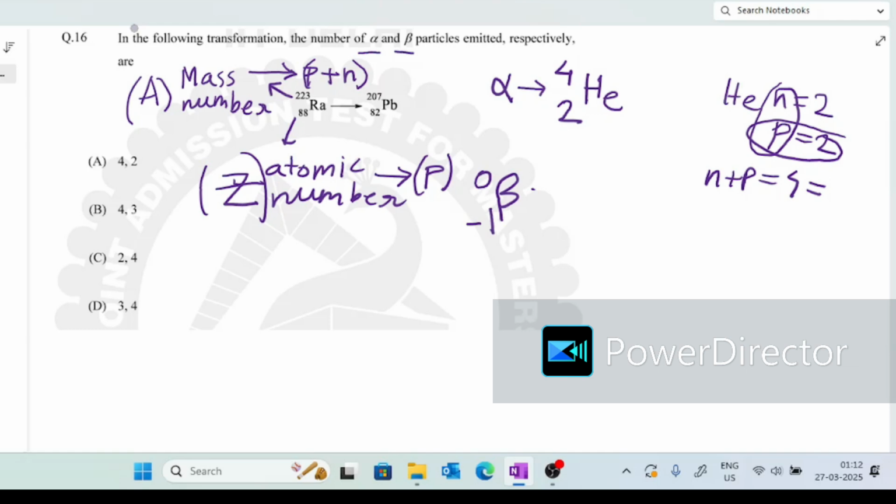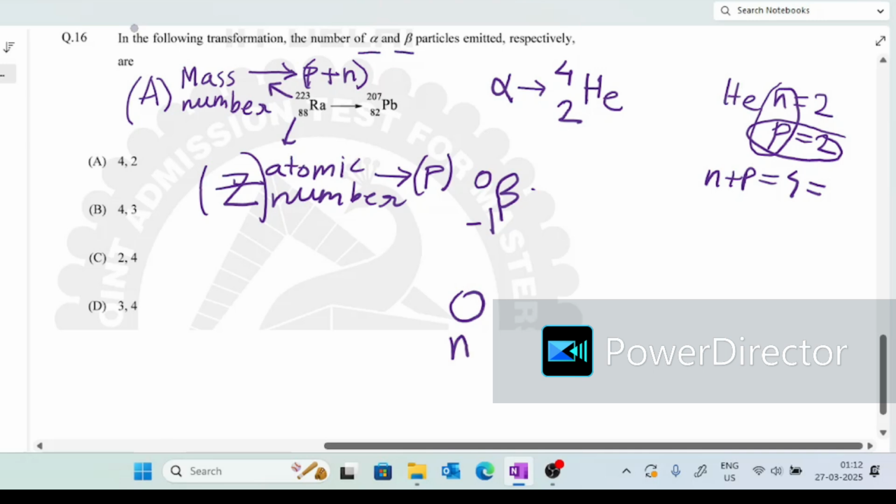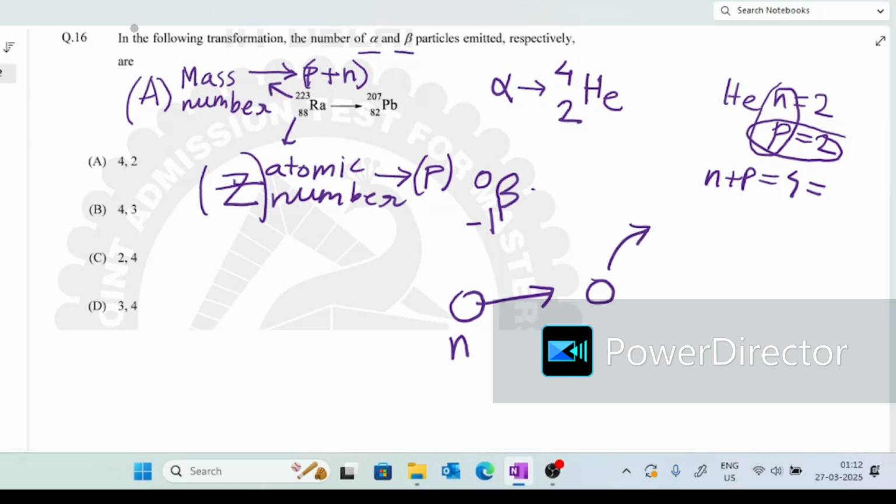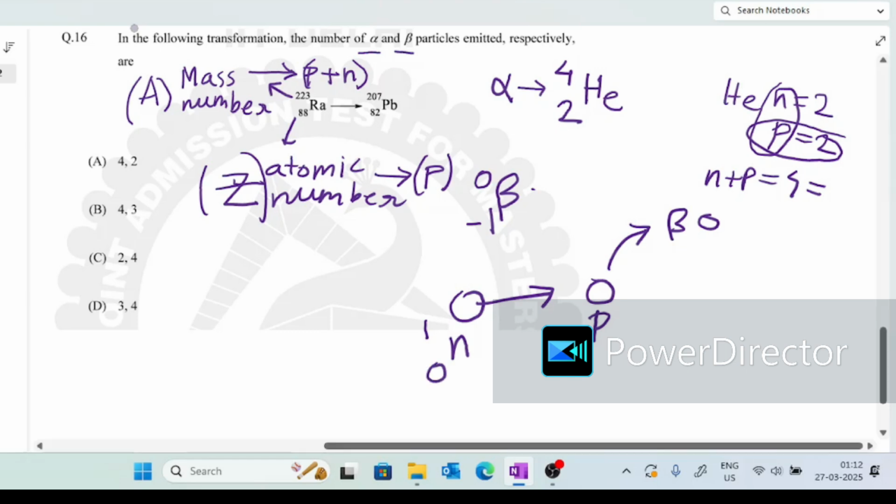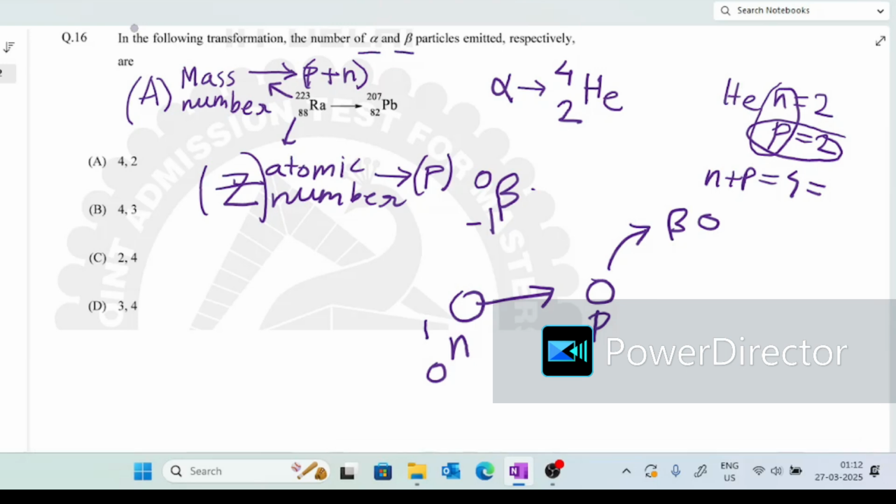So basically what happens in a beta emission is you have a neutron, and the neutron gives away an electron, which is the beta particle, and the neutron itself converts to a proton. A neutron has mass number of 1 and atomic number of 0, because atomic number is the number of protons, and a neutron is not a proton. But when it gives off a beta particle, it converts to a proton.